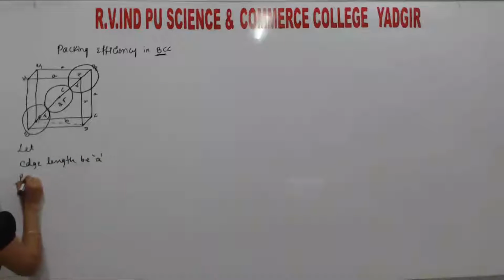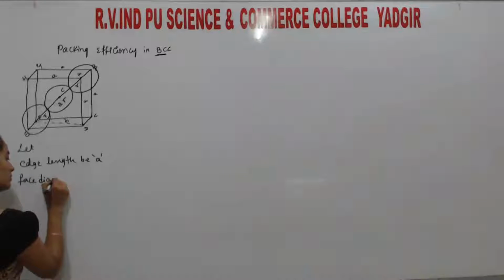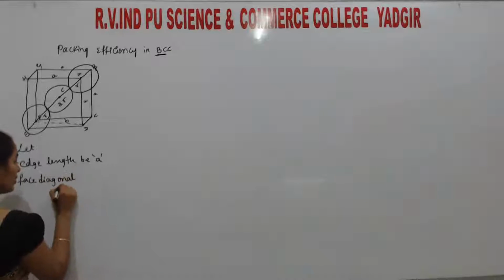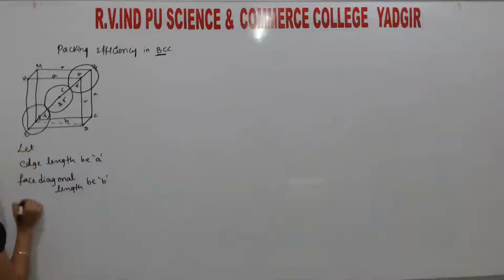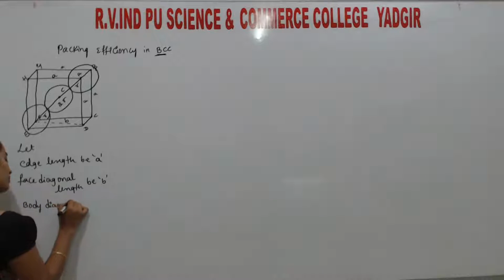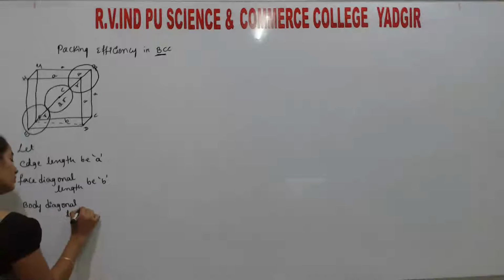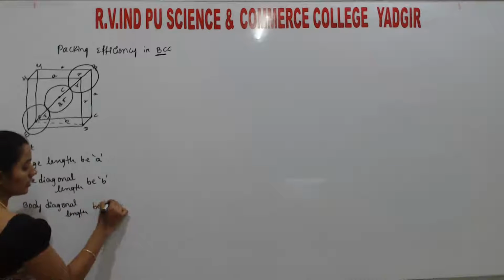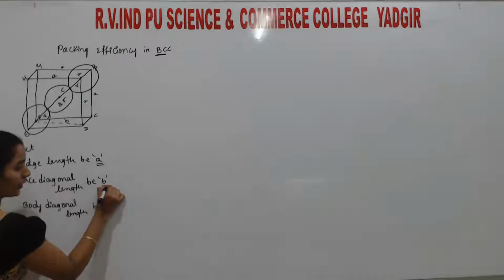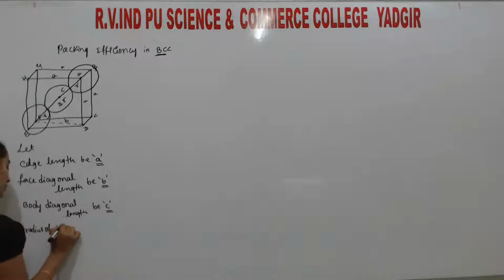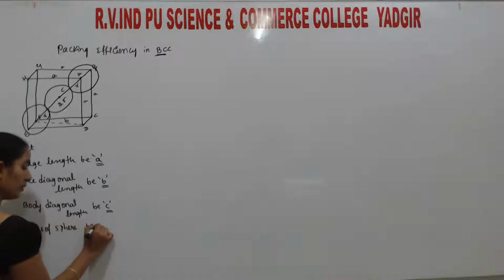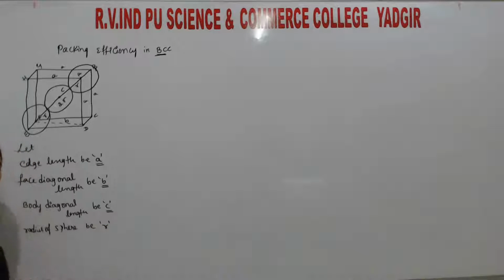Next, face diagonal length b. Next, body diagonal length c. Edge length a, face diagonal b, body diagonal c, and radius of sphere r. This is the assumption.